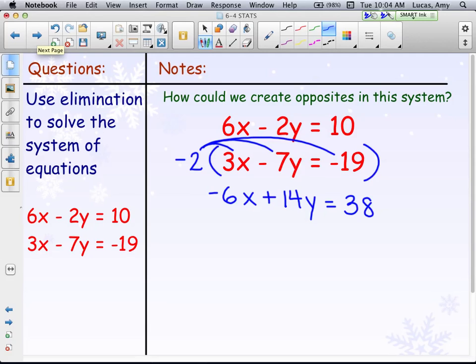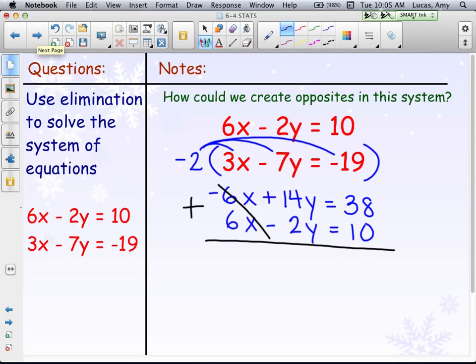So if you multiply one side by a number, you have to multiply the other side by the exact same thing. So now my top equation, I don't need to change it at all because I now have opposites. Negative 6x and positive 6x would cancel out if we add together this system for elimination.